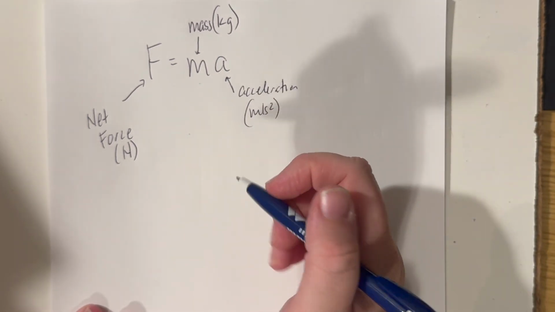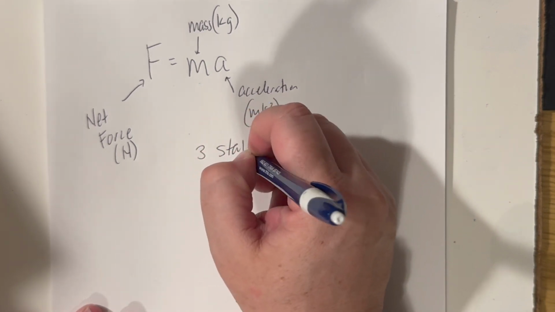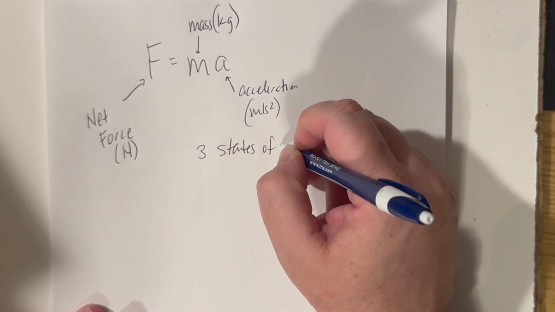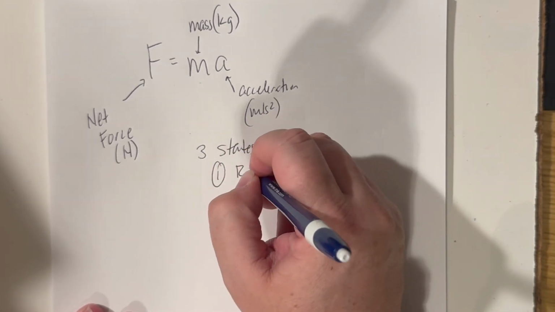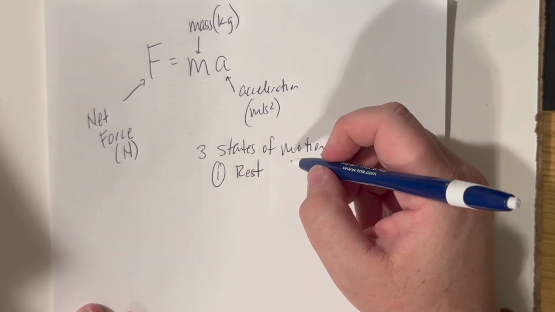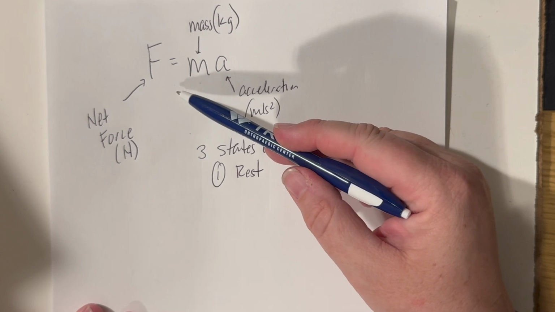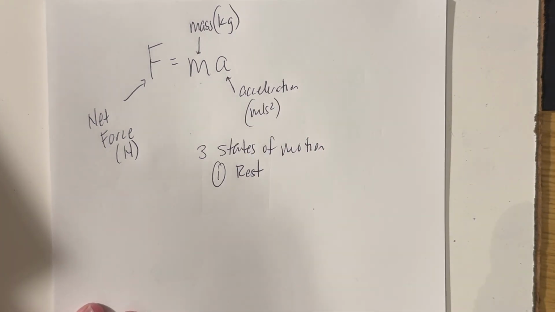So we've got 3 different states of motion. The first one is at rest. It's not moving. The forces all balance out. There's no net force that's acting on it. So it is at rest.